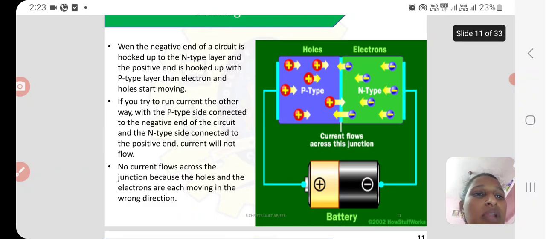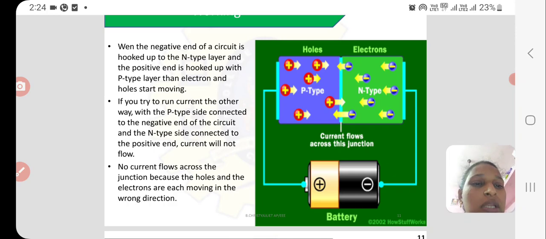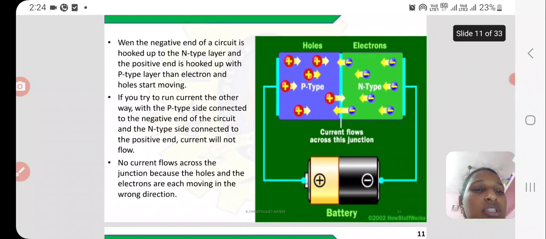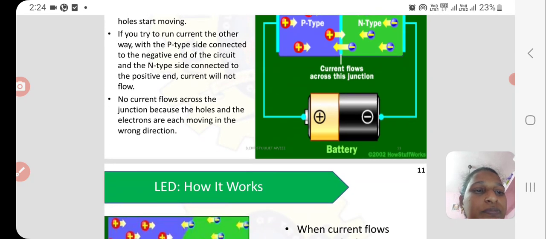If we try to run the current the other way, with the P-type side connected to the negative end of the circuit and the N-type side connected to the positive end, the current will not flow because the diode will be in reverse bias condition. So no current flows across the junction because the holes and the electrons are each moving in the opposite directions.